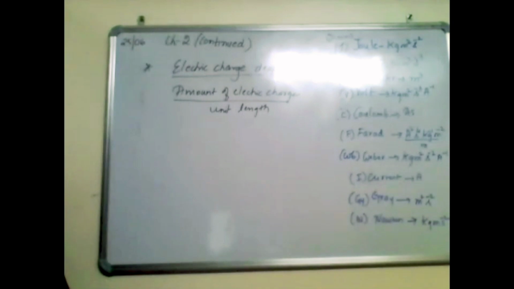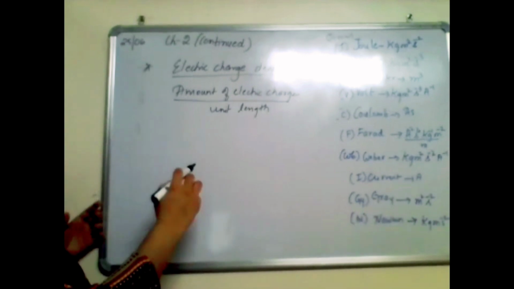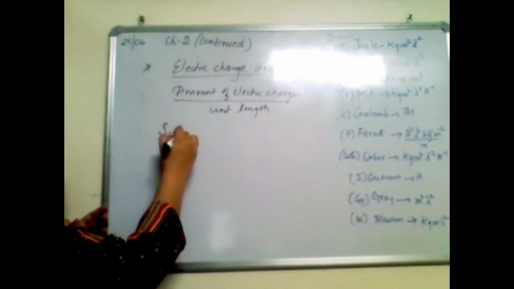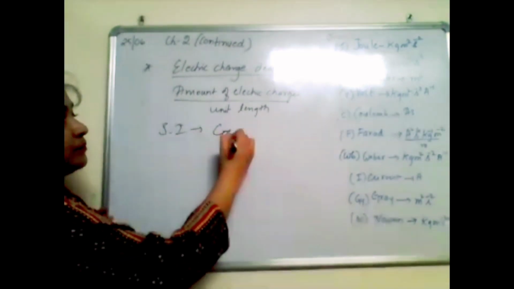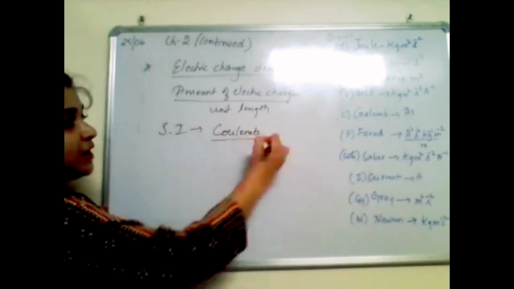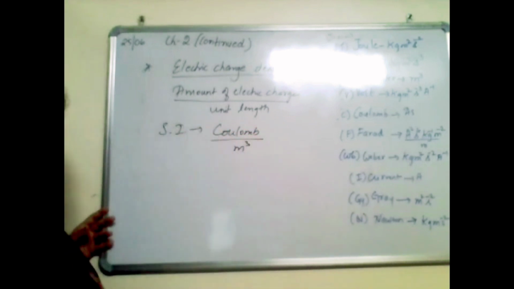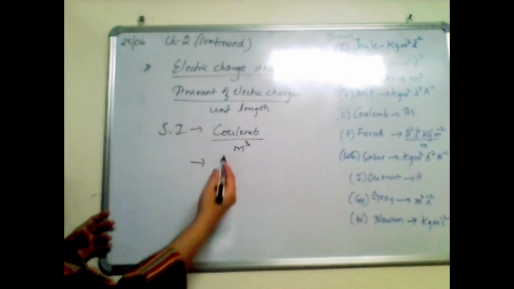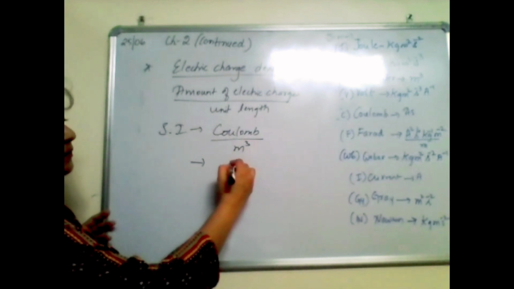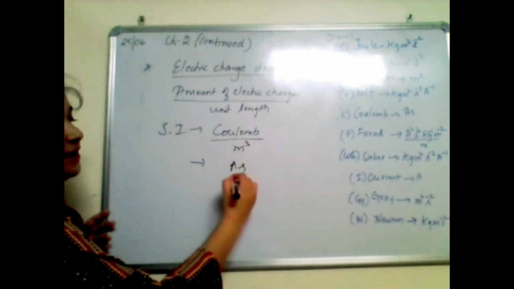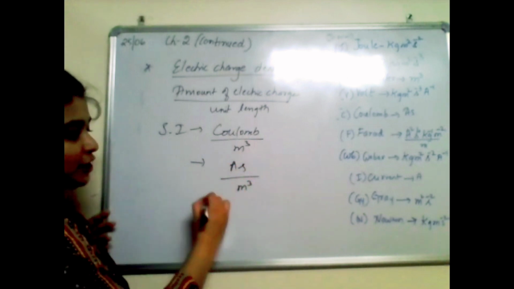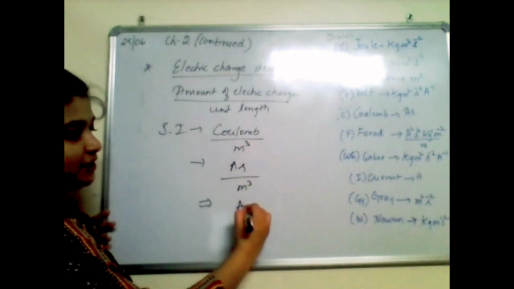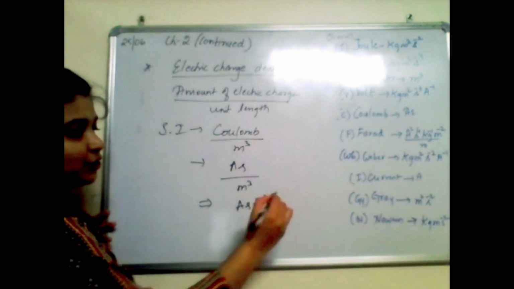The SI unit given to it is coulomb per meter cube. We know that coulomb is what? Ampere second. So this is nothing but ampere second per meter cube.